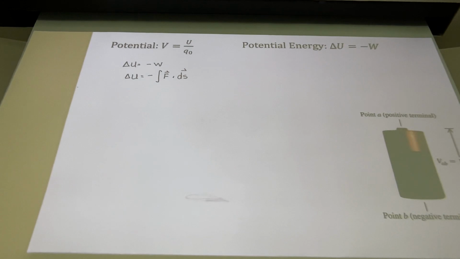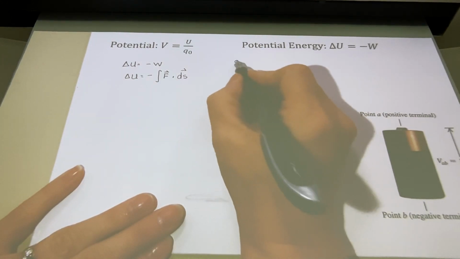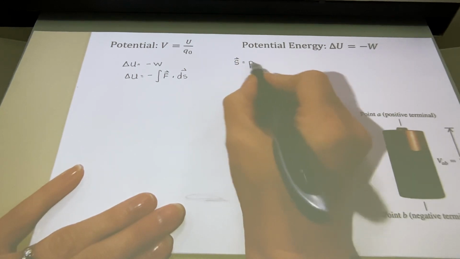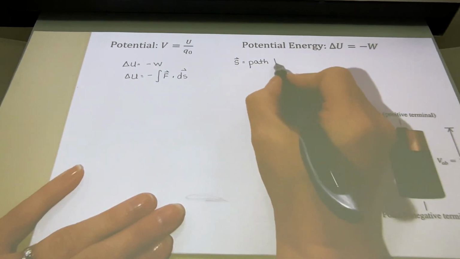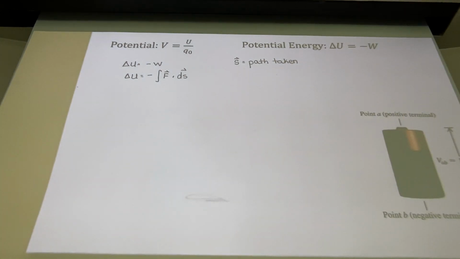When you exert a force along a path, that does work, and it changes the kinetic energy and the potential energy. So S is the path taken by the moving object, and in this case, this would be the path taken by the moving charge.